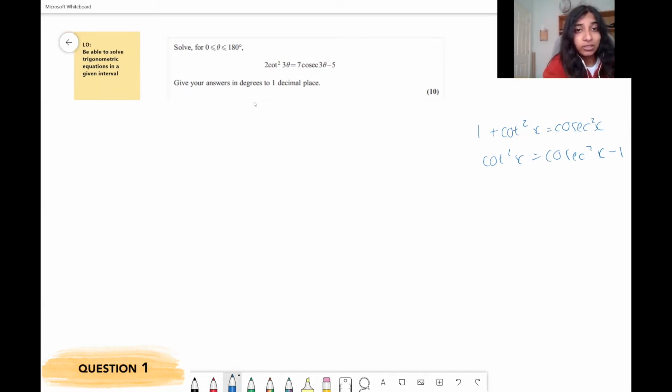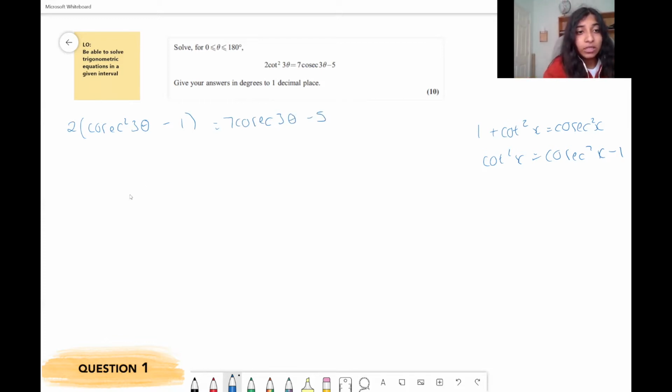So we would get 2 times cosec squared 3 theta, so we're using x is 3 theta, minus 1 is just equal to 7 cosec 3 theta minus 5. So now we just want to expand our bracket.